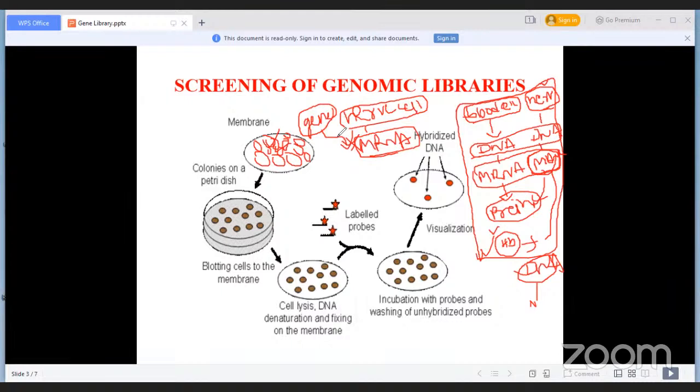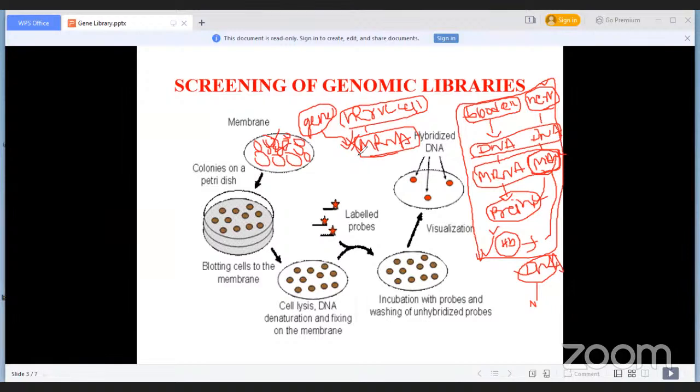We cannot take the entire genome, but we can take only the active portion of the gene, right? So these are the differences between genomic library and cDNA library. Very, very important in theory and comparative.